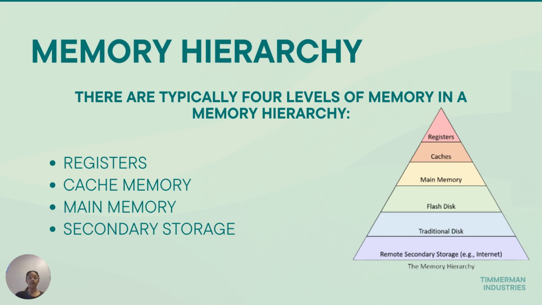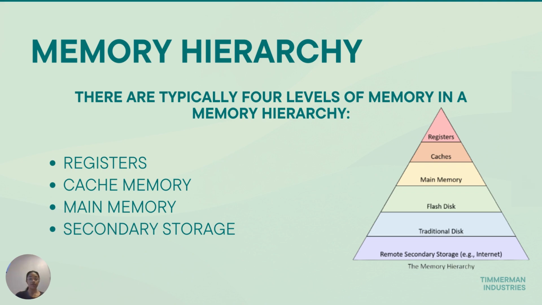So typically, if we see the diagram, there are six levels, but when we generalize them, there are only four kinds of memory allocated in this memory hierarchy. The first one is registers. Second one is cache memory.